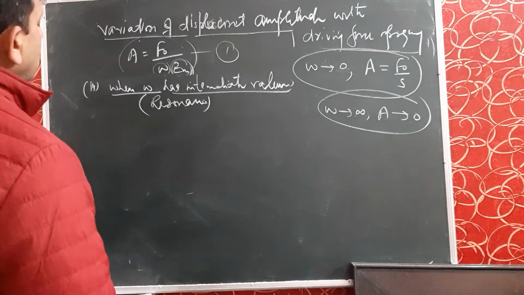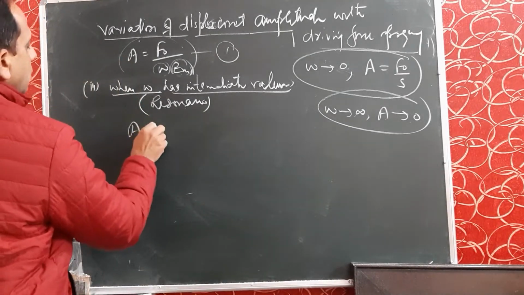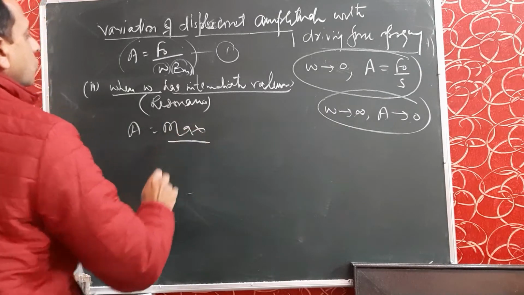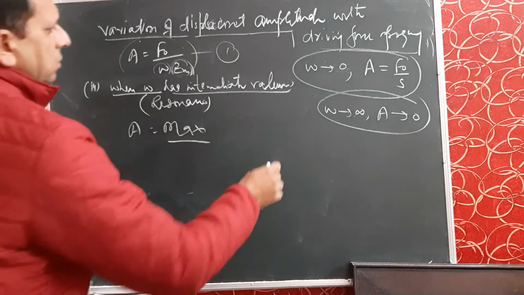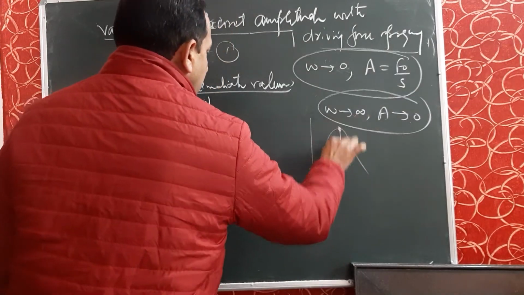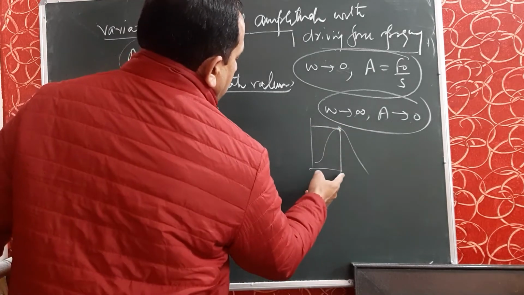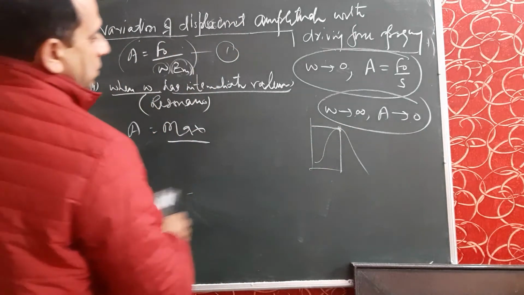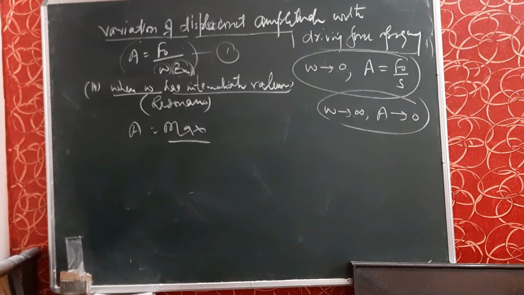You know that at resonance the amplitude is maximum. In the lower classes you have studied this graph, and this highest value is called the maximum value, and the corresponding frequency is called the resonance frequency. So this is the frequency at which amplitude becomes maximum.